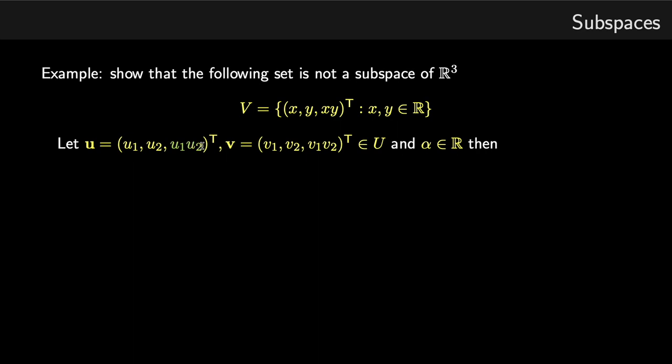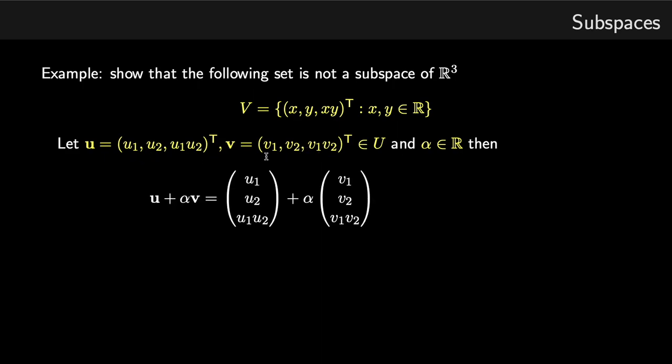So notice that the z component is the x multiplied by the y, and similar for v. So if we apply the subspace condition, this is our vector u plus alpha times our vector v, and if we add these together, this is what we get.